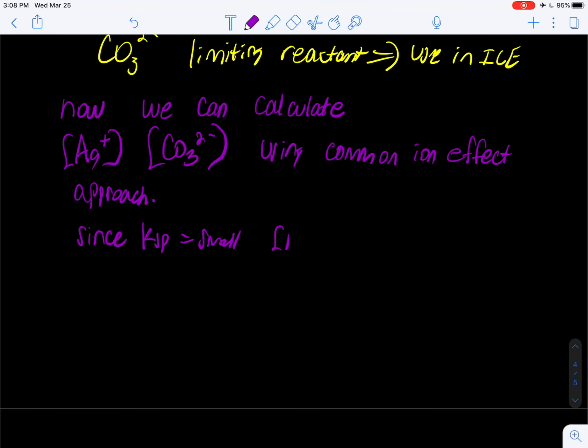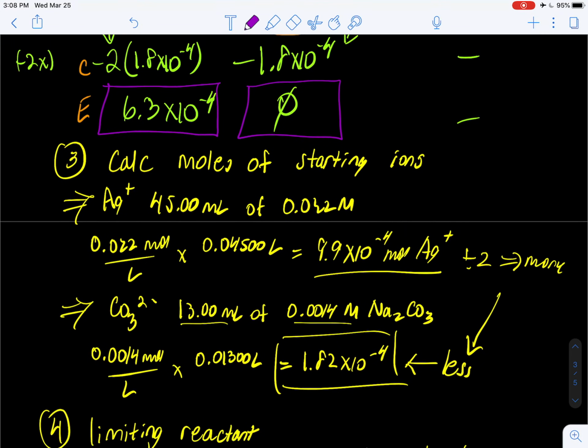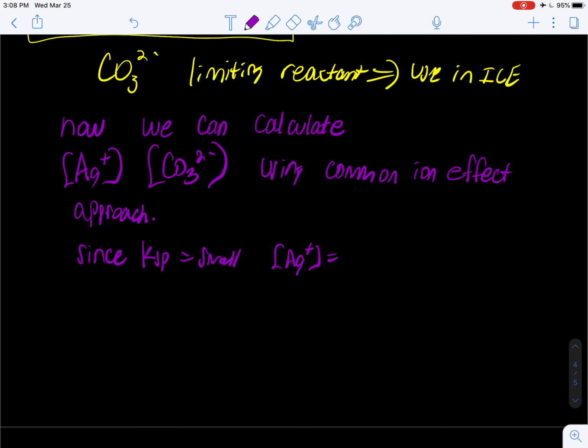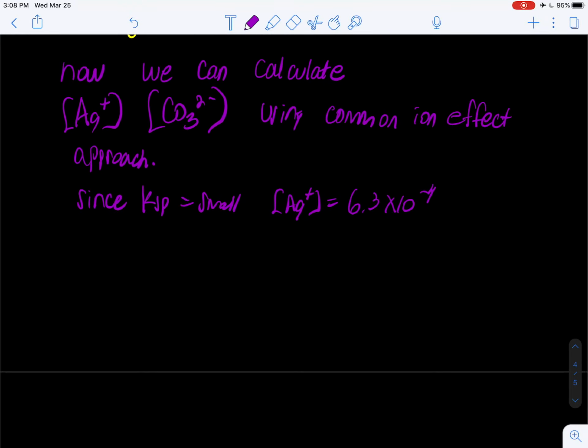We can assume that the silver ion concentration is going to be this amount here, 6.3 times 10 to the minus 4, plus x being small anyways. And then we can use the common ion approach. So basically the Ksp, which we've mentioned, is silver ion squared times carbonate. Okay. And we know what the Ksp is.